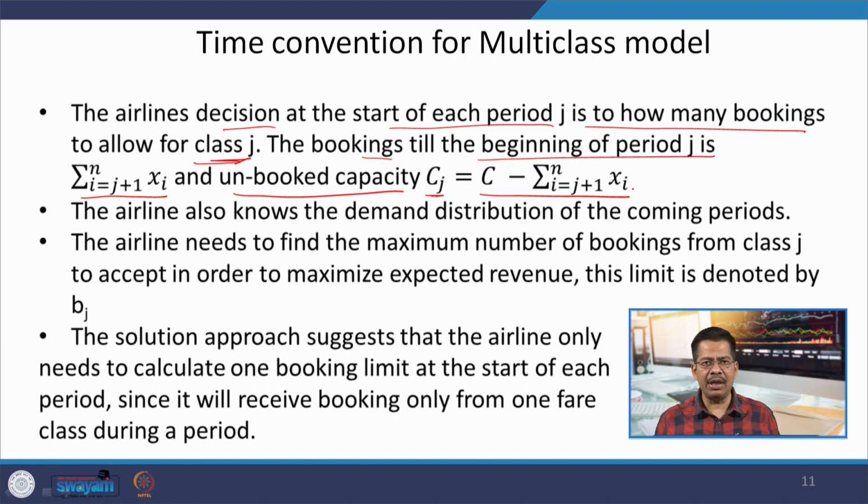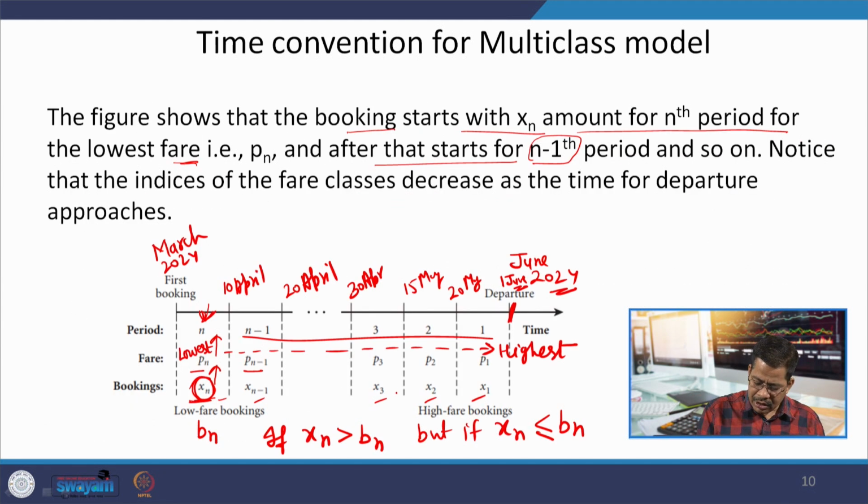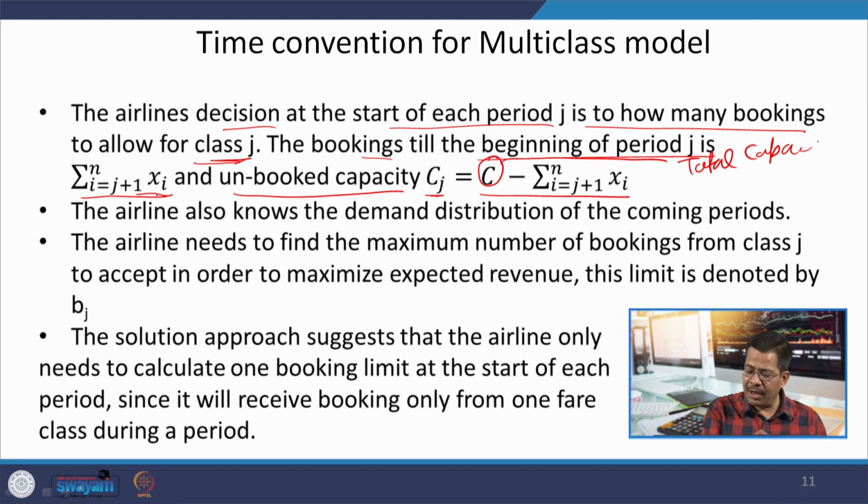The total capacity of your system is C, and out of the total capacity, if I want to know, let us say, the beginning of the third period, all these x n minus 1, x n minus 2 up to this point, the sigma of that is what is represented here, that is, all these seats are already booked, and C minus this sigma is the unbooked capacity available at that particular time.